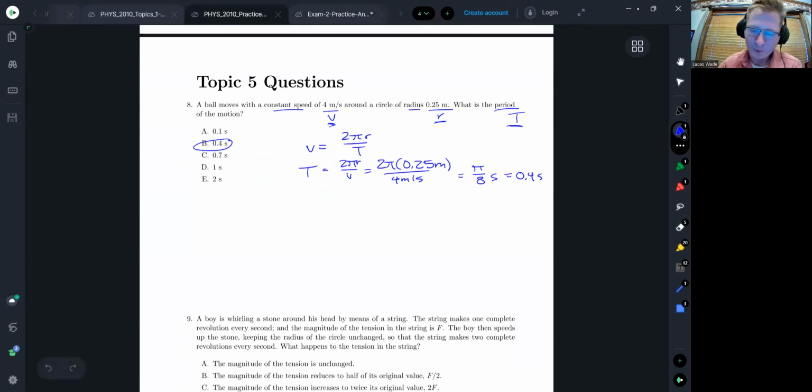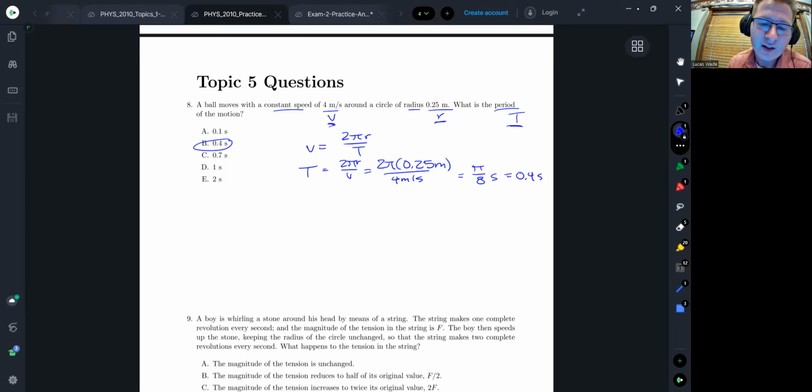So sometimes when in doubt, just write down all the variable names corresponding to what you're given and what you want to find. See if you can think of an equation that relates those things. But ideally, you will look at it and reason through what it's asking you about physically. You've got something moving at constant speed around a circle. That's uniform circular motion.